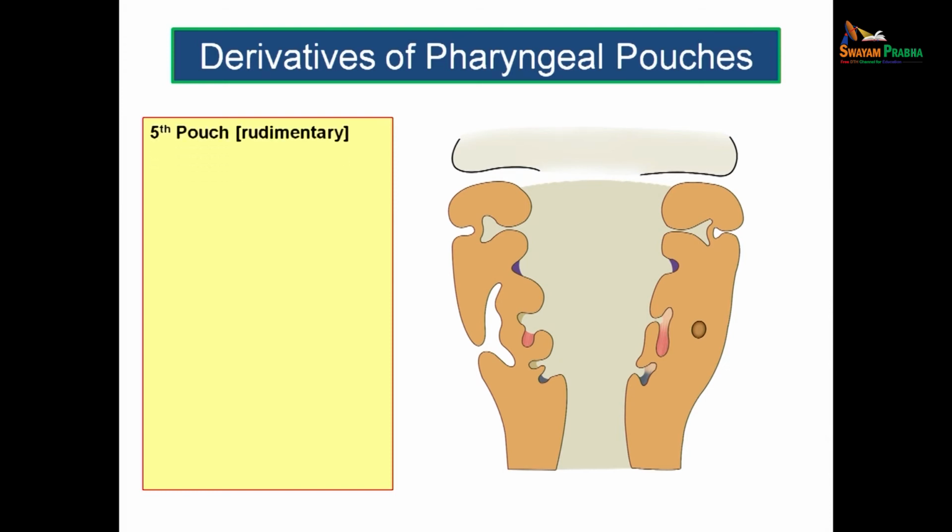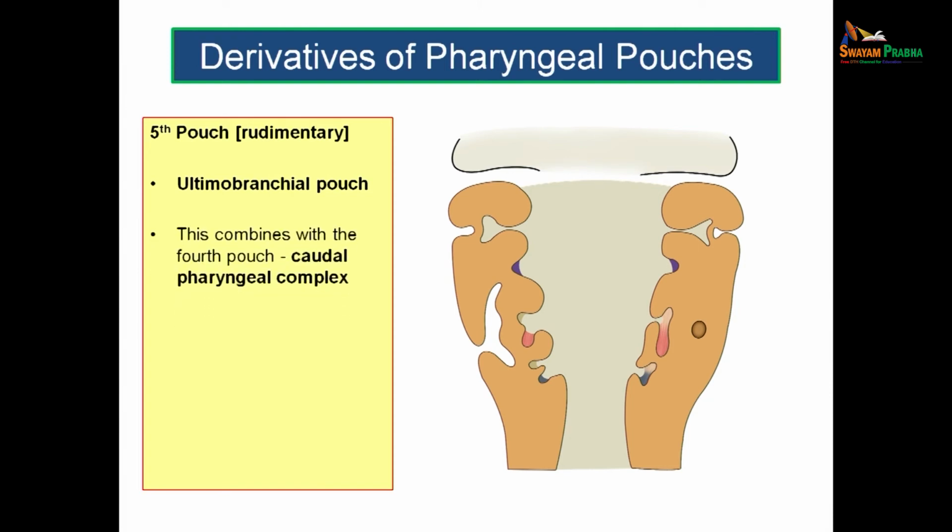Now let's see the derivative of the fifth pouch. The fifth pouch is considered a rudimentary pouch and it is the ultimobranchial pouch. The fourth pouch and the fifth pouch combine together and form the caudal pharyngeal complex. In this region, the fifth pouch, which is rudimentary, fuses with the fourth pouch to form the caudal pharyngeal complex. Why caudal?